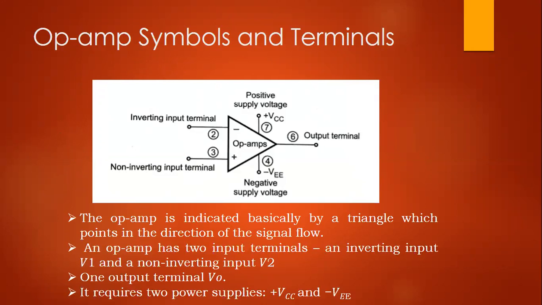But there are many op-amp ICs which run on a single power supply. The input terminal marked by a plus sign is the non-inverting input terminal, and the input terminal marked by a minus sign is the inverting input terminal.